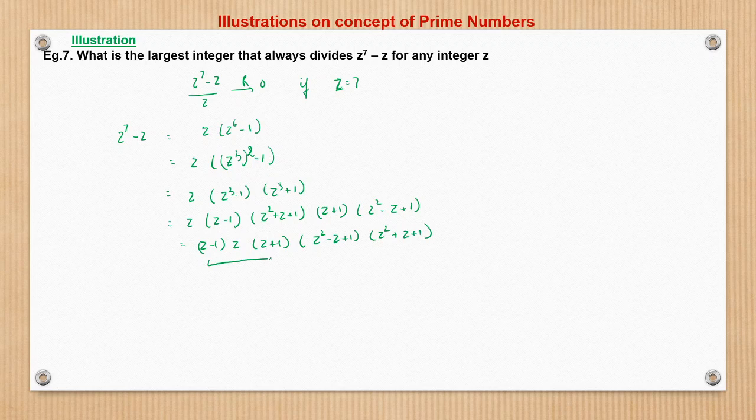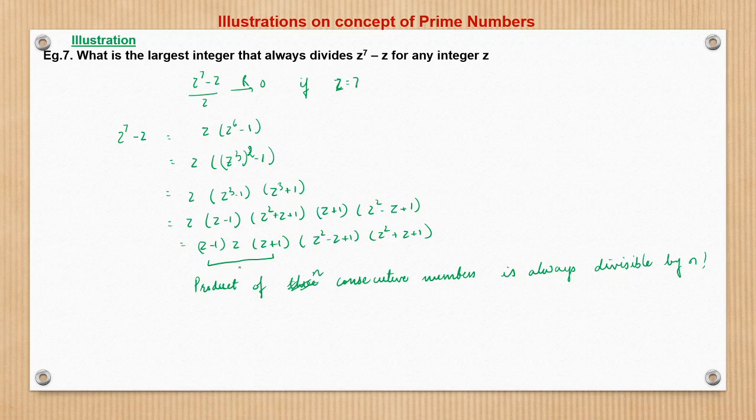So these are three consecutive numbers, z minus 1, z and z plus 1. The product of three consecutive numbers, or rather the product of n consecutive numbers, is always divisible by n factorial.